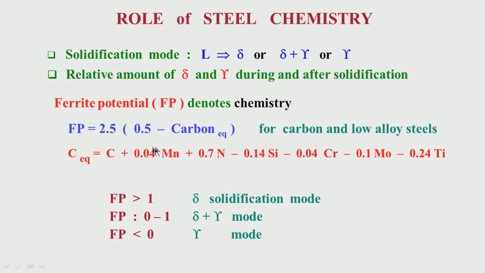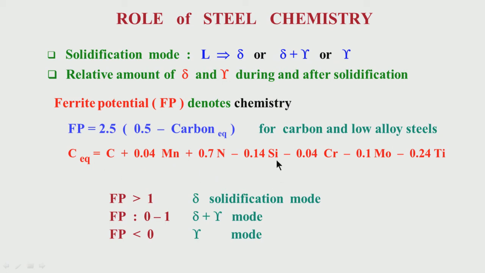This is basically like carbon, which forms austenite, as an austenitic stabilizer. Manganese is also an austenitic stabilizer, nitrogen is also an austenitic stabilizer. So, these are plus. So, 0.04, 0.7, these are the factors which indicate the relative effects of manganese and nitrogen on carbon equivalent.